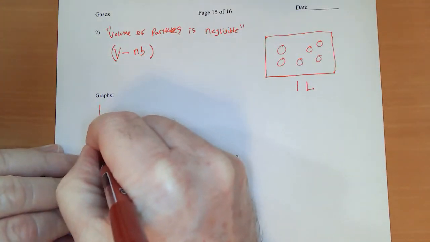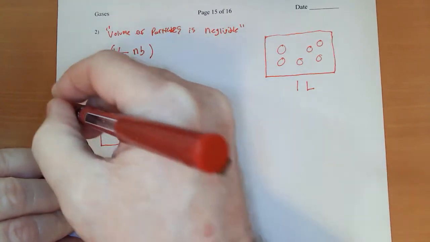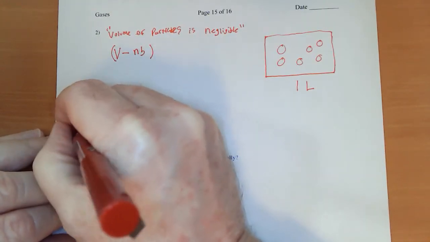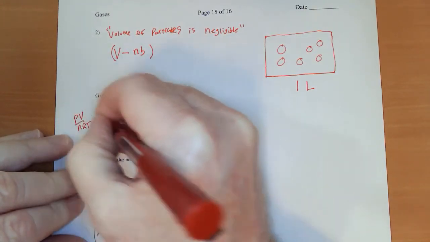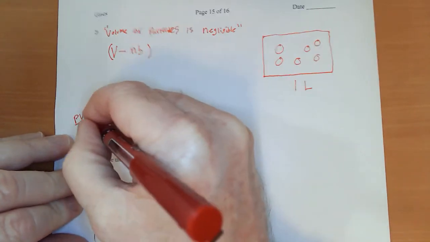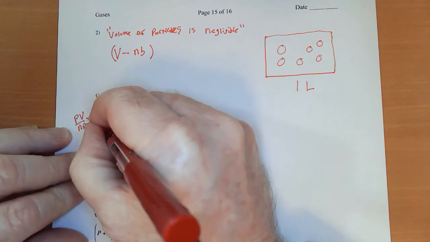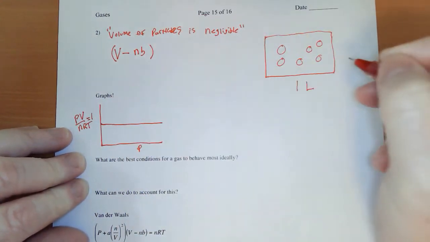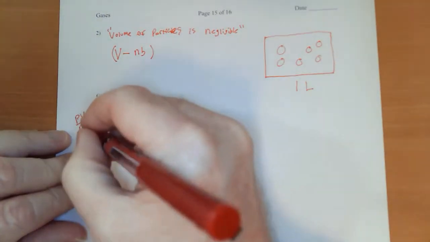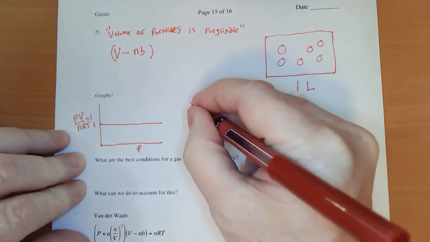Now, in a perfect ideal situation, if we have PV over nRT plotted versus P, PV over nRT would equal 1, by the way. You would get a straight line going across at 1. Okay, except that's not what happens.